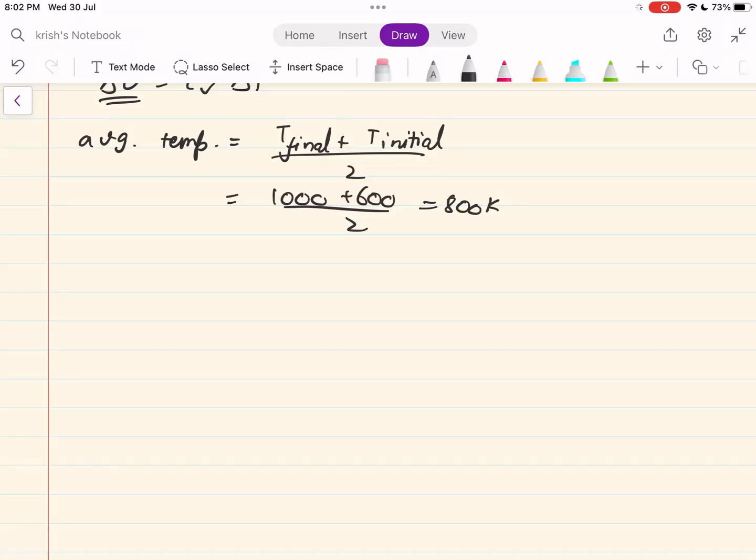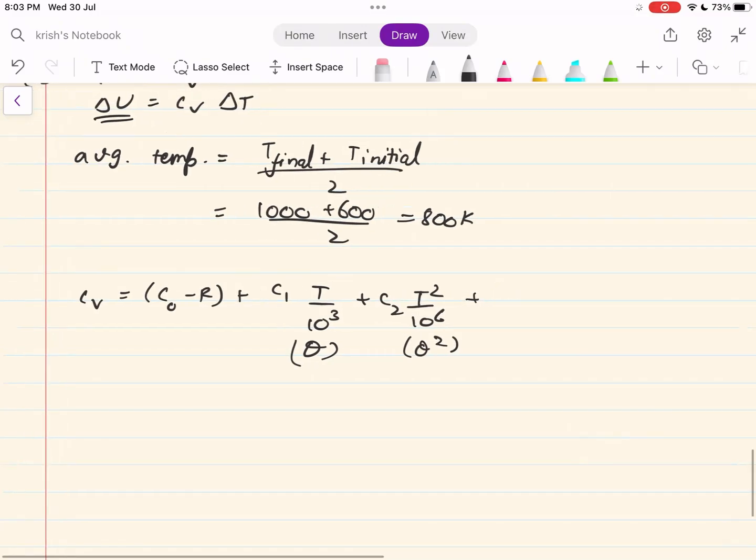So Cv is Cp minus R, that is C0 minus R plus C1 into T by 10 to the power 3 plus C2 T square by 10 to the power 6, this is theta square, plus C3 T cube by 10 to the power 9, theta cube, right?